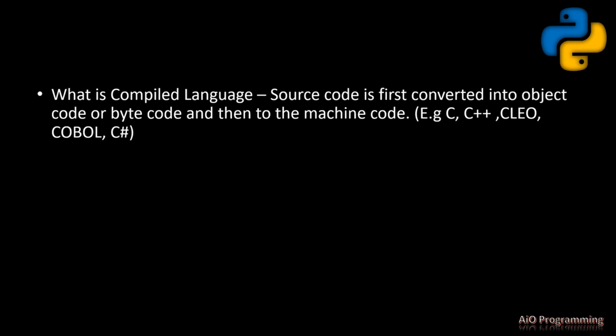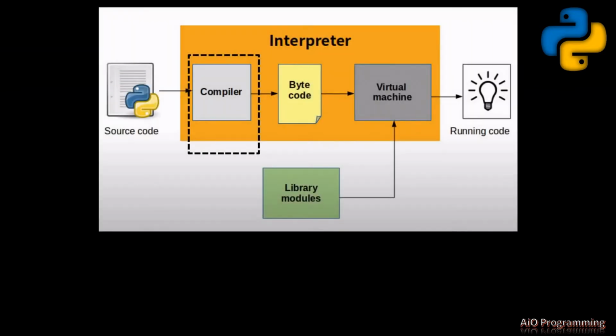Next we will learn what a compiled language is. Now friends, we see the path of execution of Python code. Let's see this diagram first, which shows the path of execution of source code into machine code. The interpreter itself consists of a compiler, which converts source code into bytecode, also known as intermediate or object code.